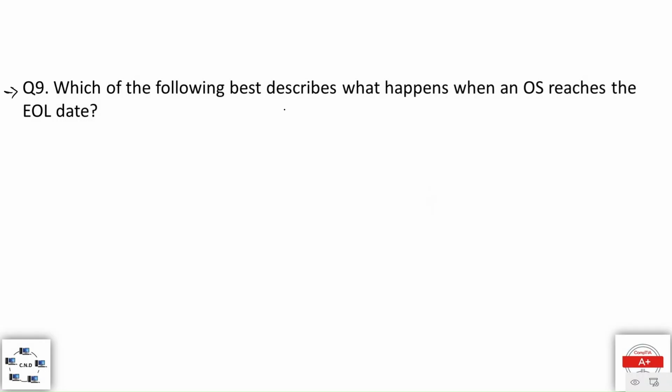Question number 9. Which of the following best describes what happens when an operating system reaches EOL? EOL is end of life, such as we can say that Windows XP and I think even Windows 7, they are EOL because they have reached their end of life and are no longer supported by Microsoft.